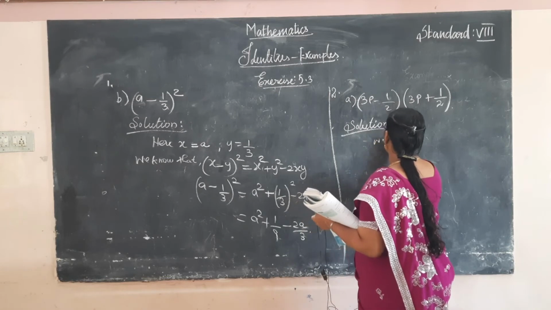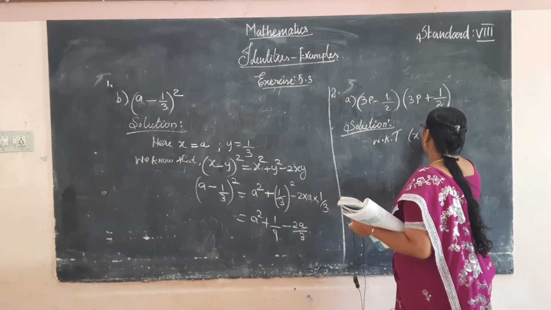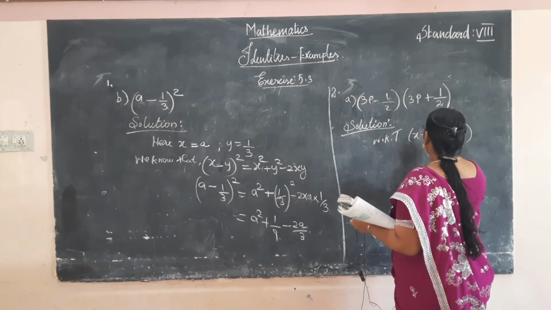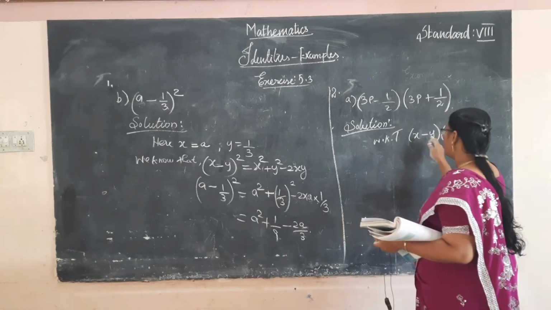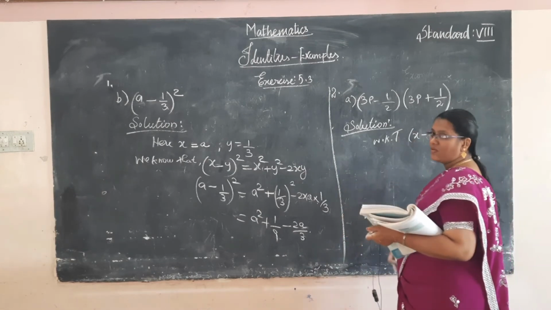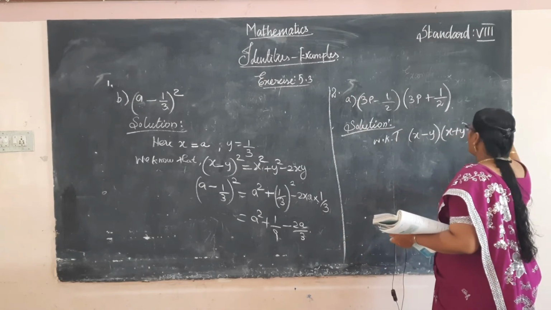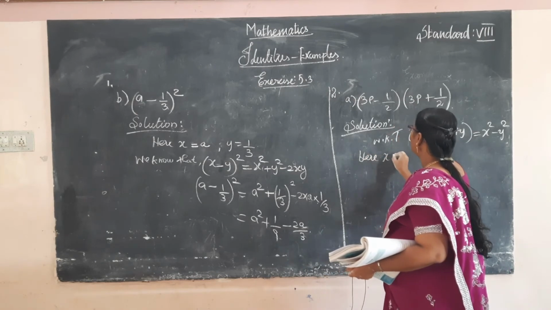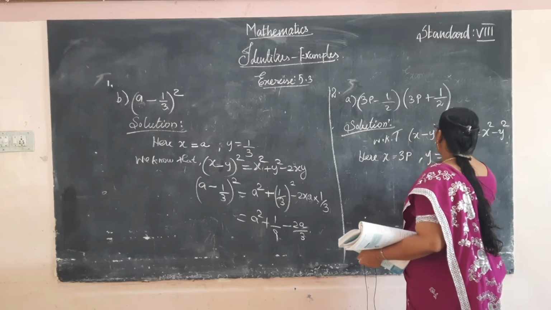We know that. What is that formula? x minus y or x plus y. We will write the factors, the multiple of factors. So x minus y into x plus y, or x plus y into x minus y, is equal to x squared minus y squared. Here x value is 3p, y value is 1 by 2.